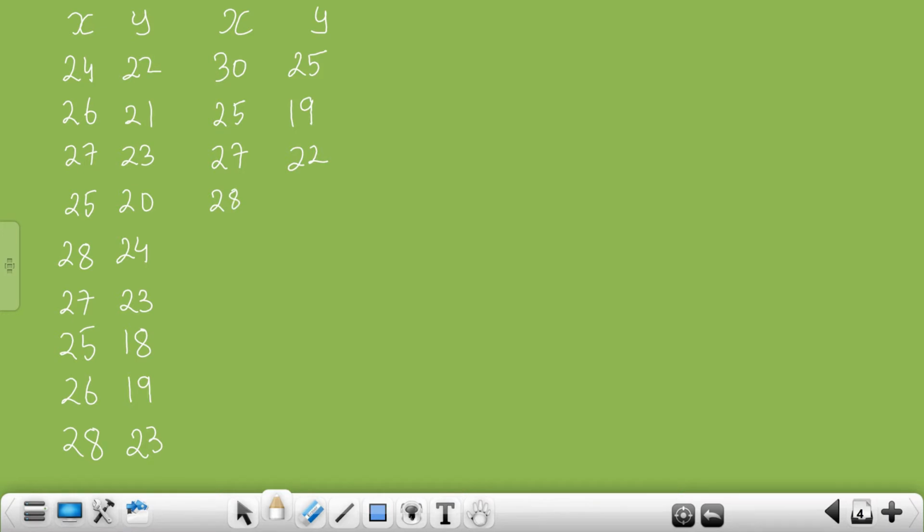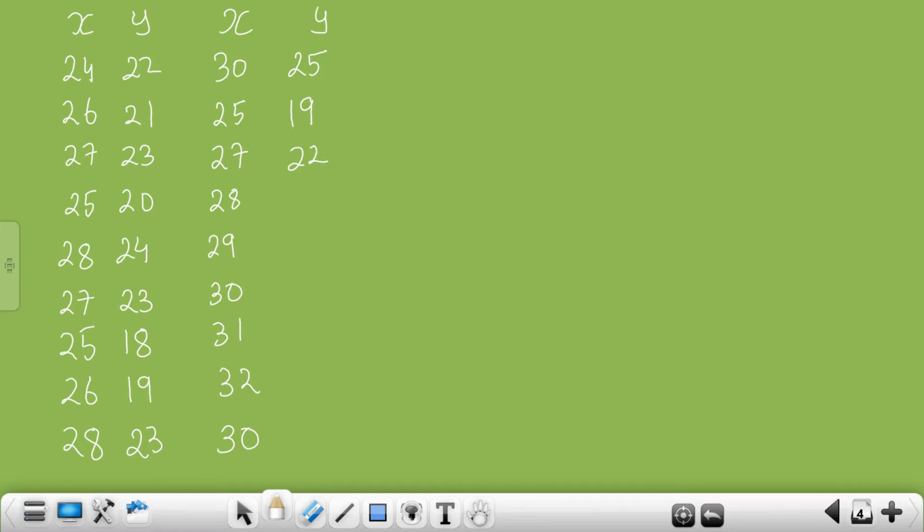So for a bivariate frequency distribution also, we need to understand how we set up the data, because we have got two variables, and each variable needs to have its own individual class intervals. This becomes a little complicated because earlier we were dealing with only values of x.